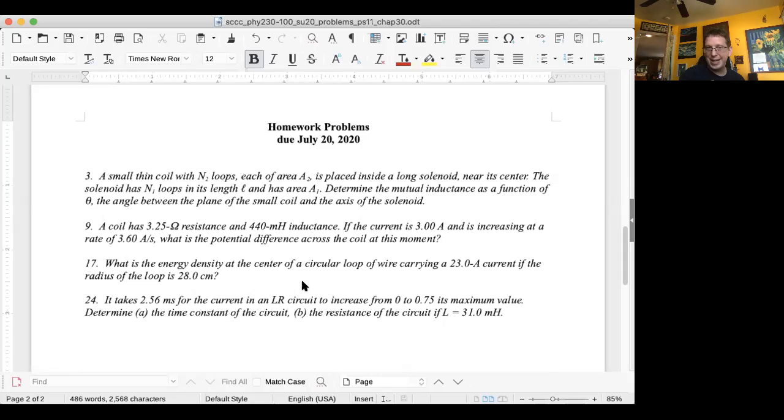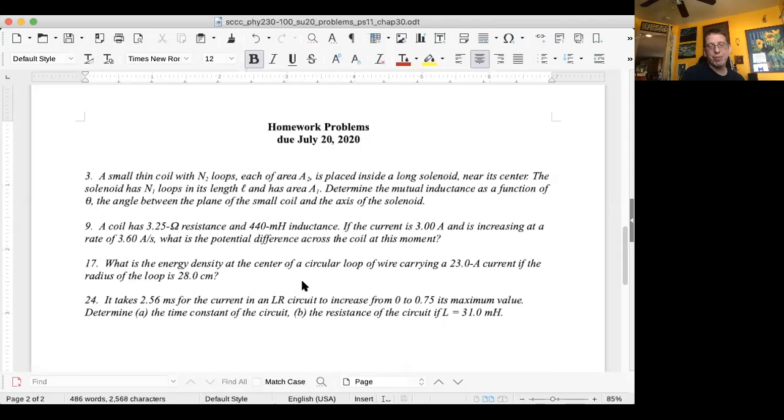We're at the center of the loop, so it's on the axis, but z equals 0. That simplifies things quite a bit, and it's just like lab experiment 10, where you have a coil of wire and you're looking at the magnetic field at the center. You know the current, 23.0 amps, and the radius of the loop, which gives you enough information to figure out the energy density.